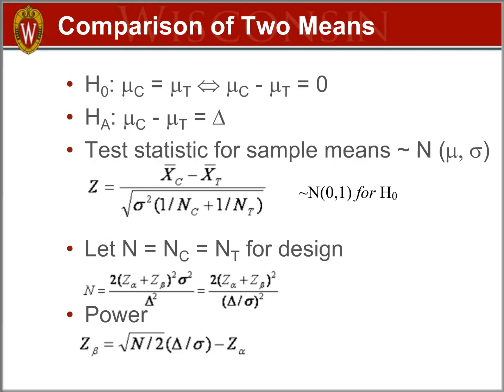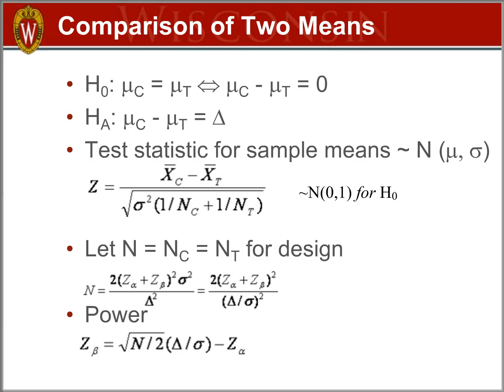As I indicated before, it turns out conveniently that this test statistic also has a normal distribution with mean 0 and standard deviation 1, that classic bell-shaped normal 0-1 curve. It has nothing to do with the distribution of the data. It has to do with the distribution of the test statistic. So suppose, as before, that we let the sample size in each arm be the same, size n.